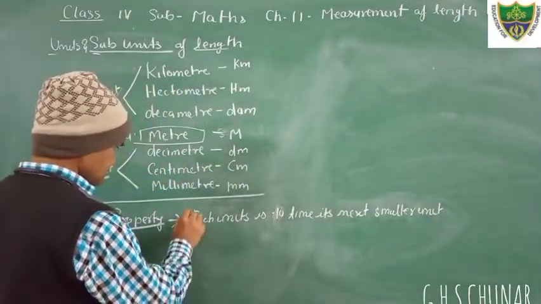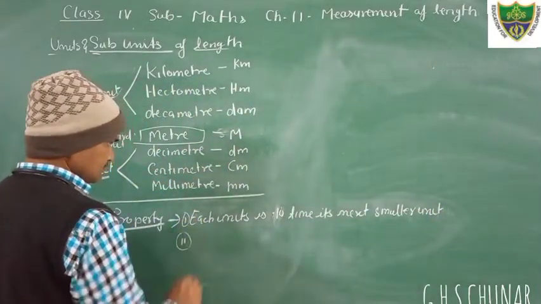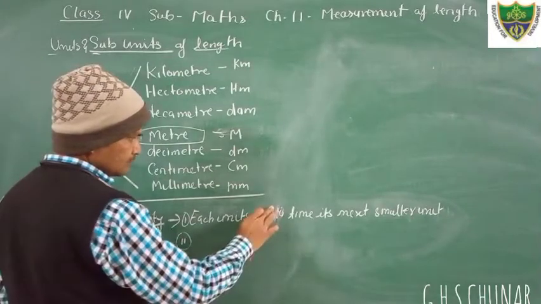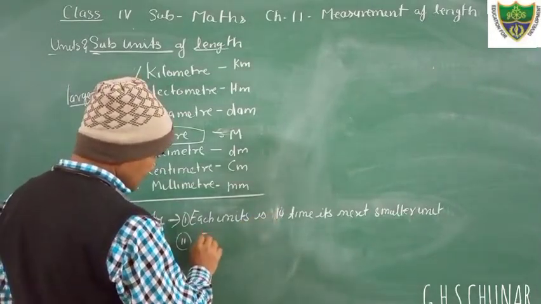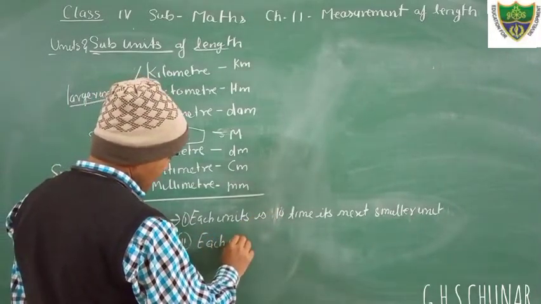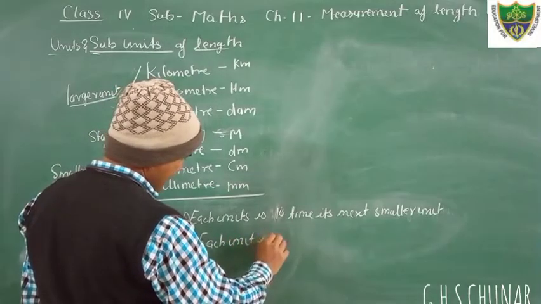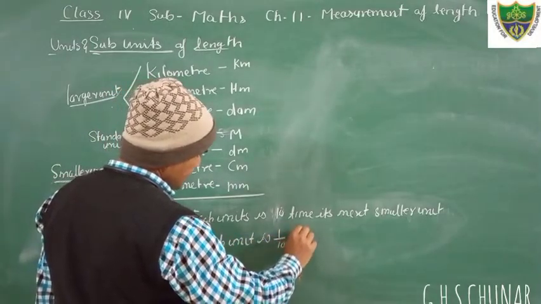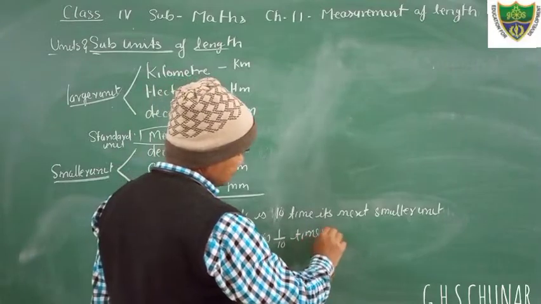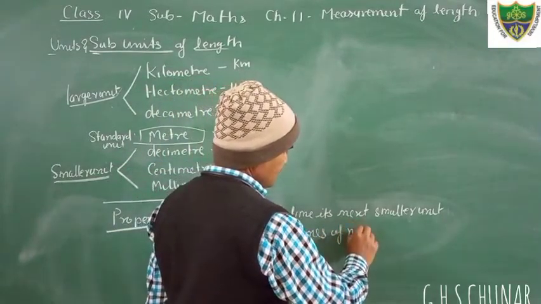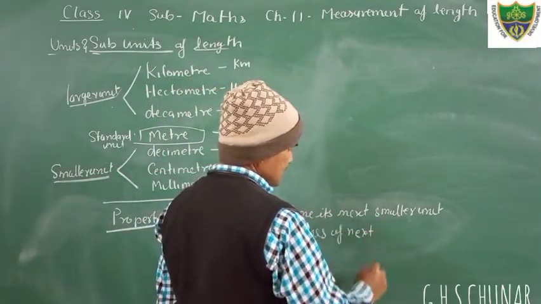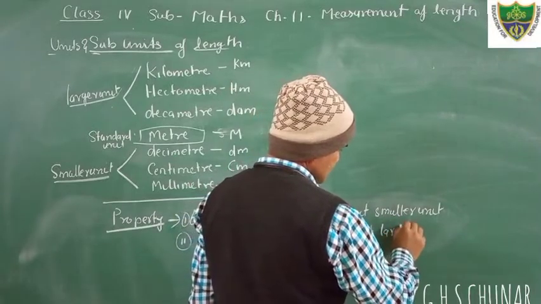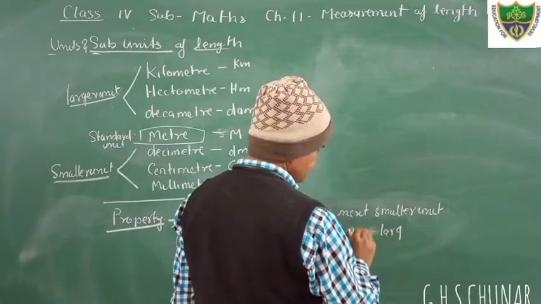Second, each unit is 1/10 times of the next previous unit.